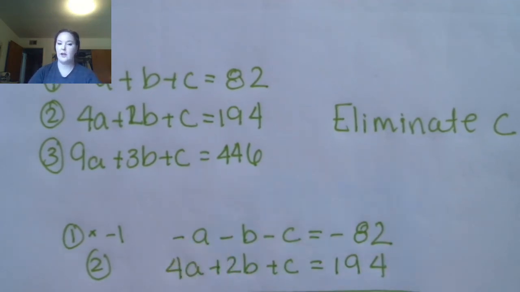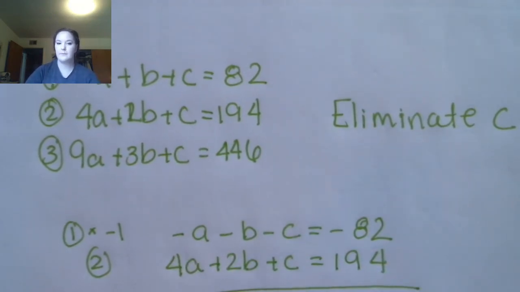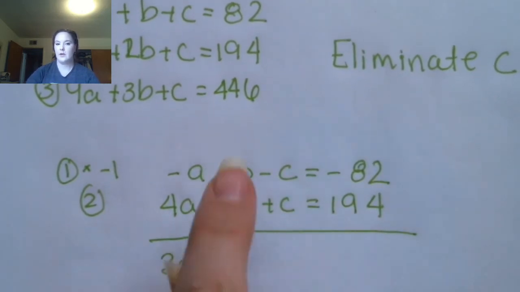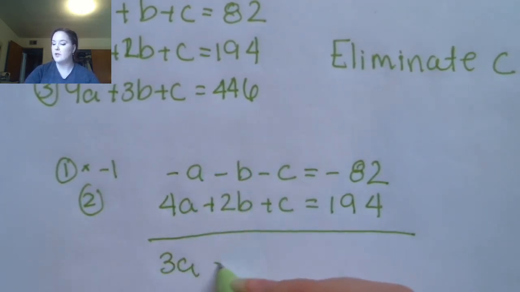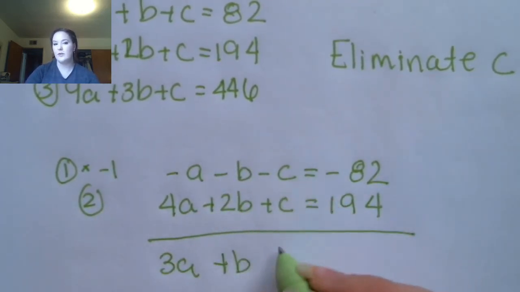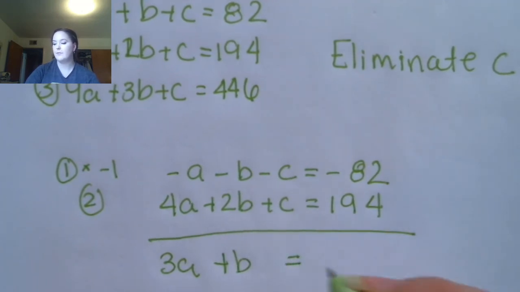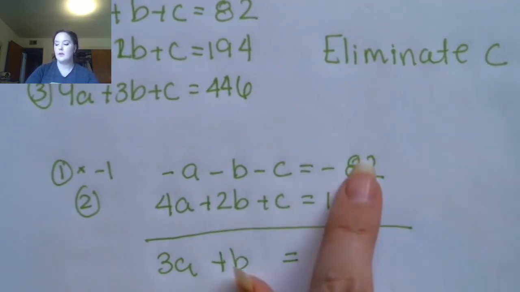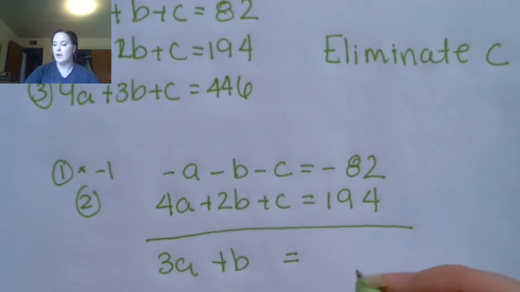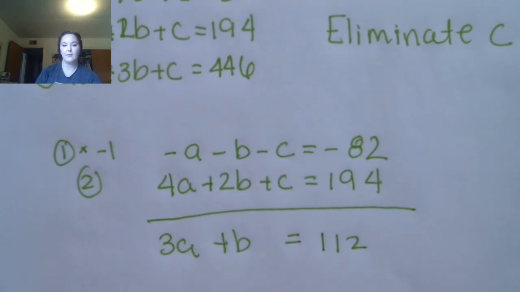So -a plus 4a is 3a. Negative b plus 2b is 1b. Okay, those cancel as intended. And negative 82 plus 194 is 112.